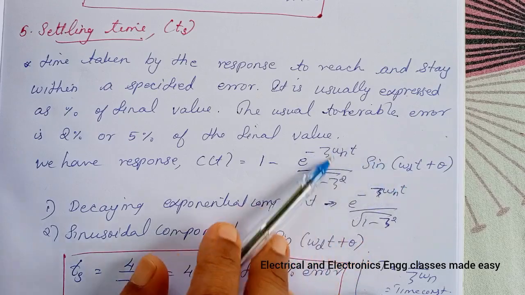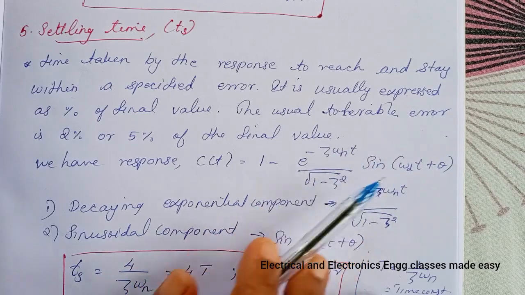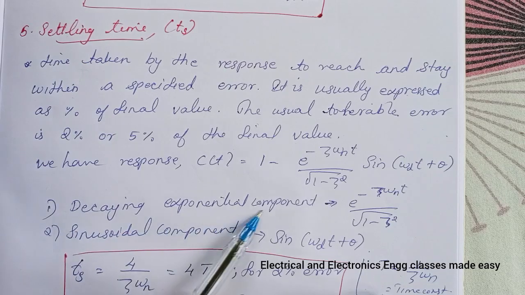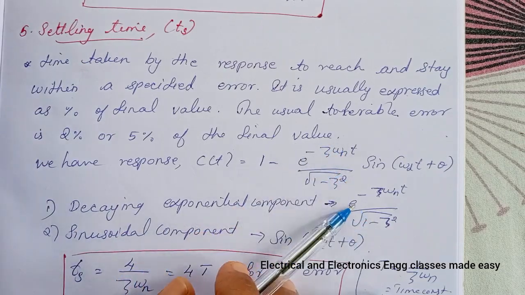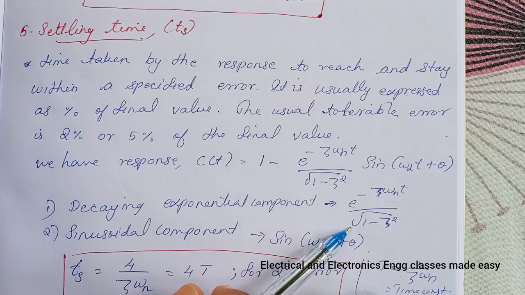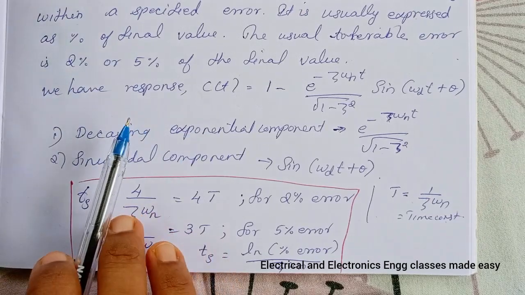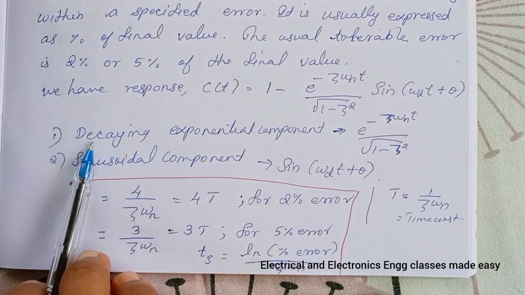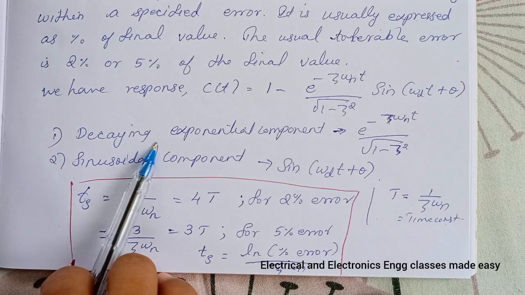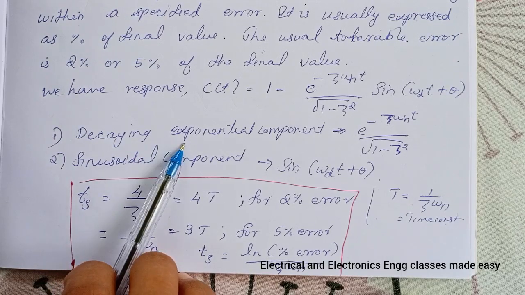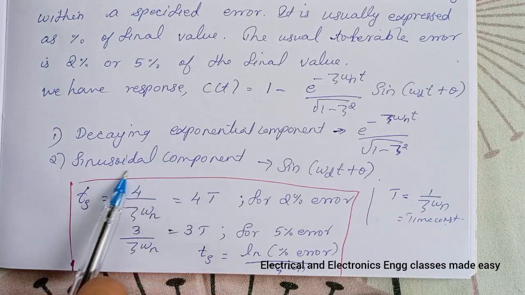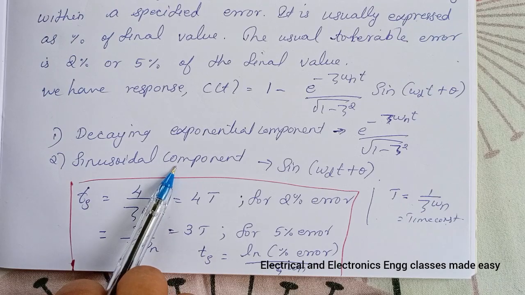So this response has two components. One is the decaying exponential component, e raised to minus zeta omega n t divided by square root of 1 minus zeta square, and the second one is the sinusoidal component, sine of omega d t plus theta. In this, the decaying exponential term reduces the oscillations produced by the sinusoidal component.